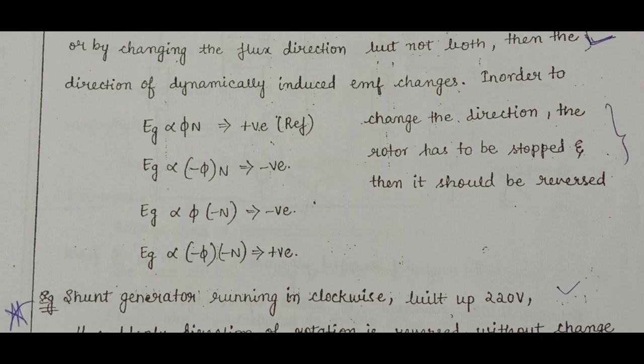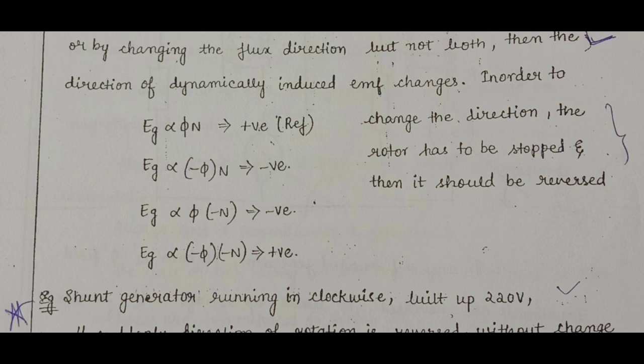So at present Eg proportional to phi N, that means flux and speed are in the correct direction, then positive EMF will be present, that is the reference. Now in a second case, Eg is proportional to minus phi and N, so the flux direction is changed and speed direction remains same.